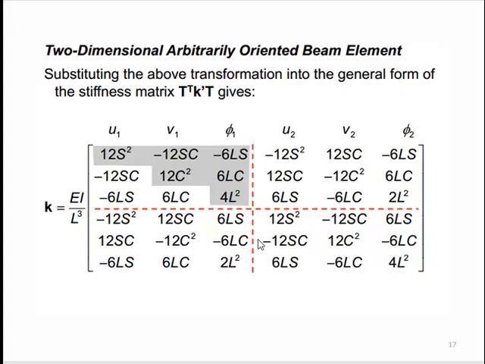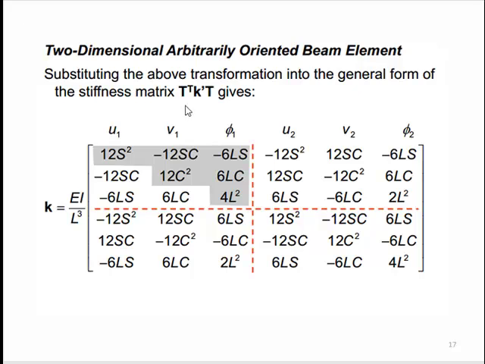All right. Another relationship which we saw earlier, and that is valid for the other cases as well, is that when we do the transformation, the transformed stiffness matrix is equal to the transpose of the transformation matrix times the element stiffness matrix in terms of the local coordinates times the transformation matrix. We looked at its derivation earlier for the bar element, and that's also true for the beam element.